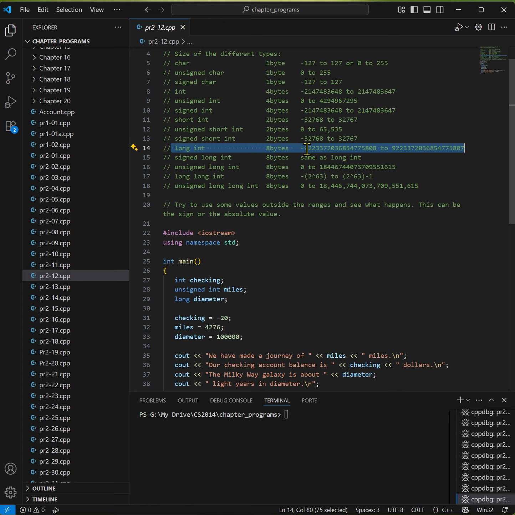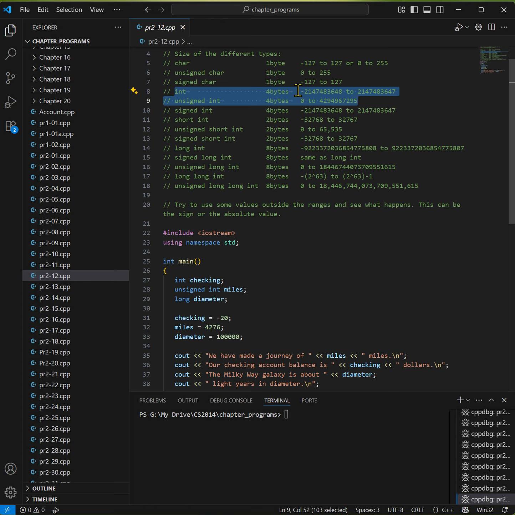Anyway, minus 9 billion to plus 9 billion. So you see that a long integer can hold much larger values, but it also takes up a little bit more memory.